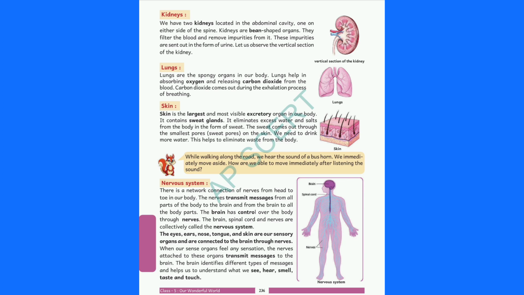The brain identifies different types of messages and helps us to understand what we see, hear, smell, taste and touch. Parts of nervous system: brain, spinal cord, nerves.